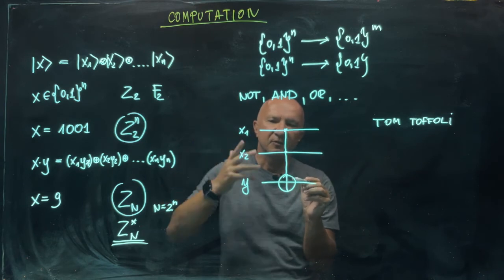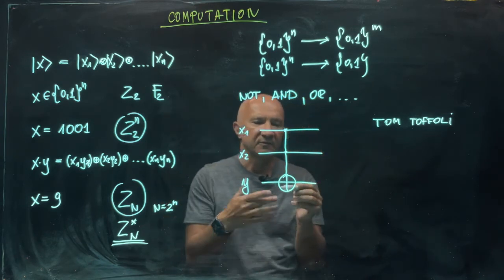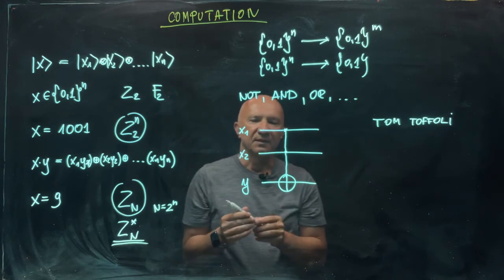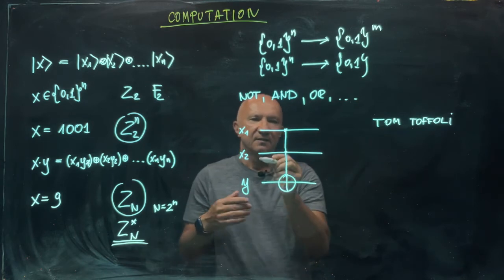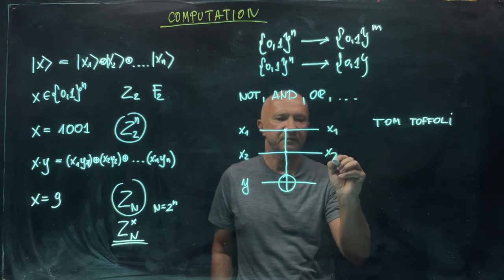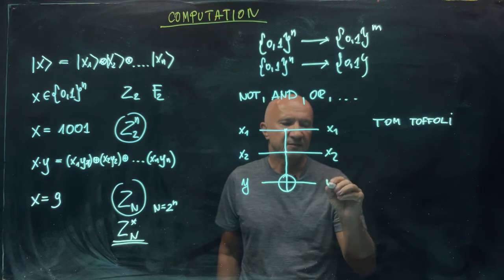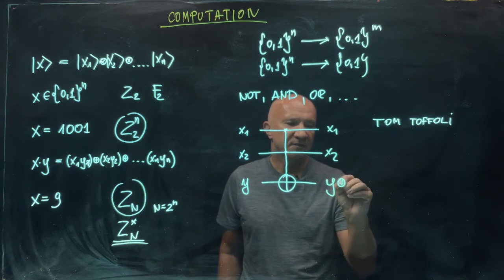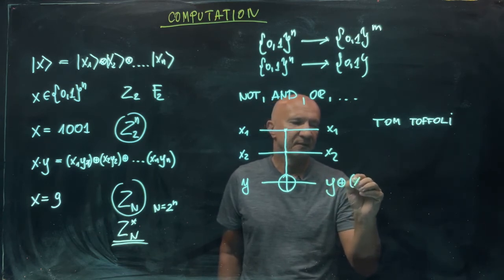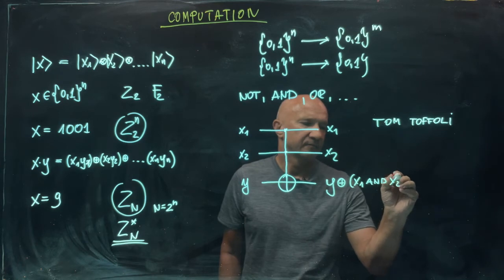But for any other combination, you don't do anything. So if it is 0 0, 0 1, or 1 0, you just leave the third bit as it is. So x1 survives, x2 survives, and the third one, let's write it this way: it's y plus, binary addition, x1 and x2.